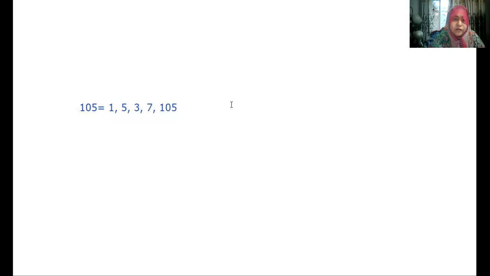Another way of doing the same thing is to take the number 105 and find its prime factors. What could be the first number by which it's divisible? As we figured out, yes, it is divisible by 3. So we'll write 3 here and we'll divide 105 by it. So this is called prime factorization.